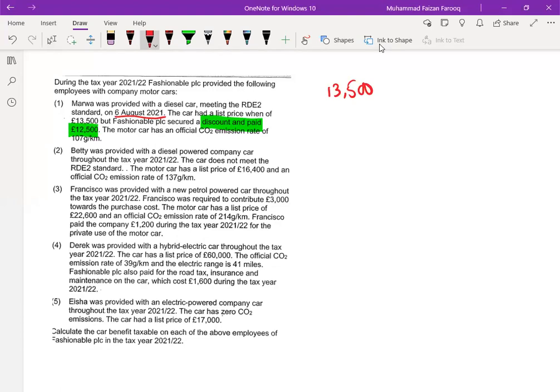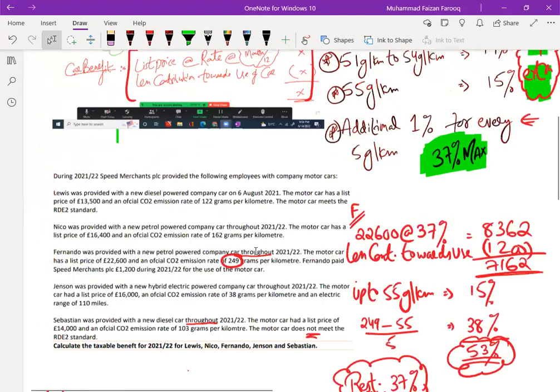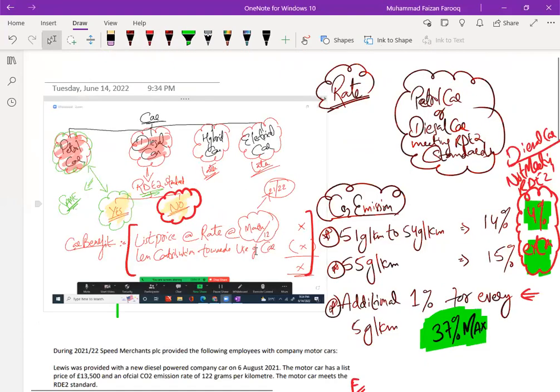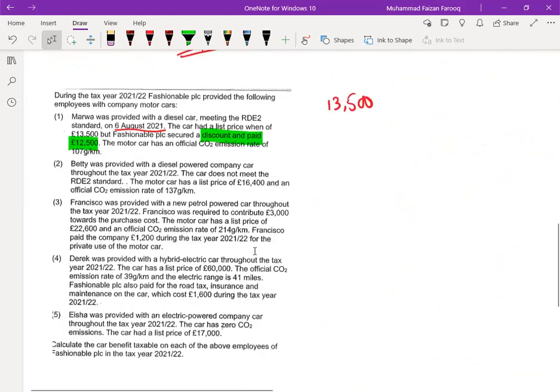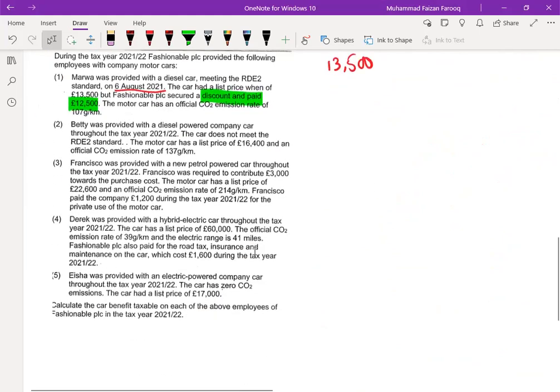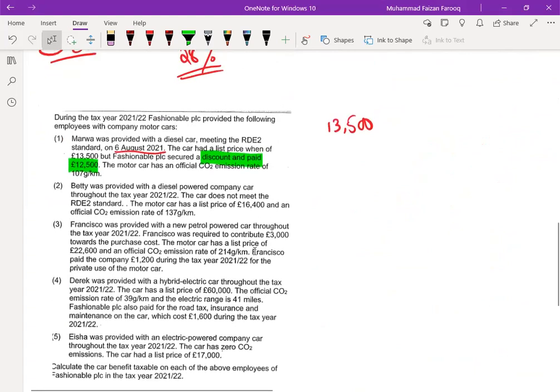What is my formula? What formula did I give you? List price, right? Or discounted price? List price. So the discounted price is given, but there's no need, it's useless. We are going to ignore it because we will be strict on our formula.